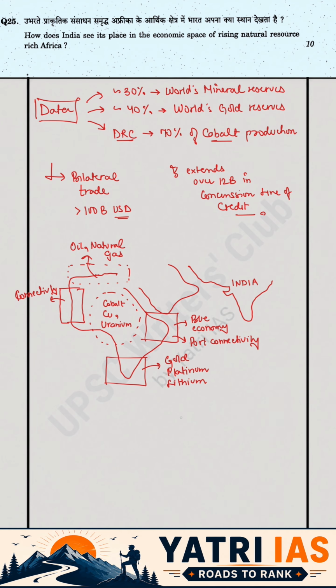And after mentioning this, now let's sum up this diagram in pointers. Africa is important for energy security because it can diversify India's energy needs.